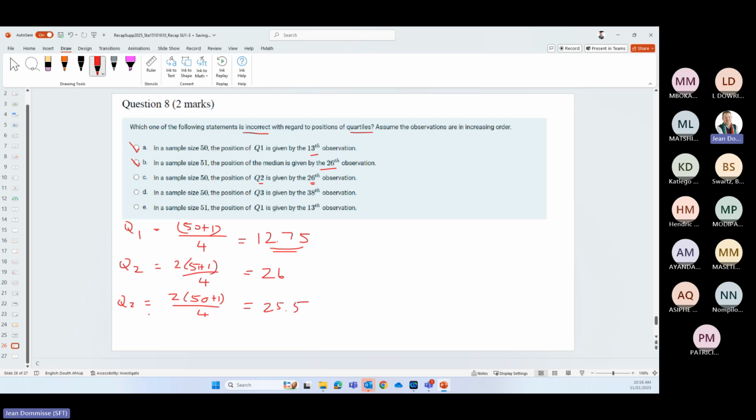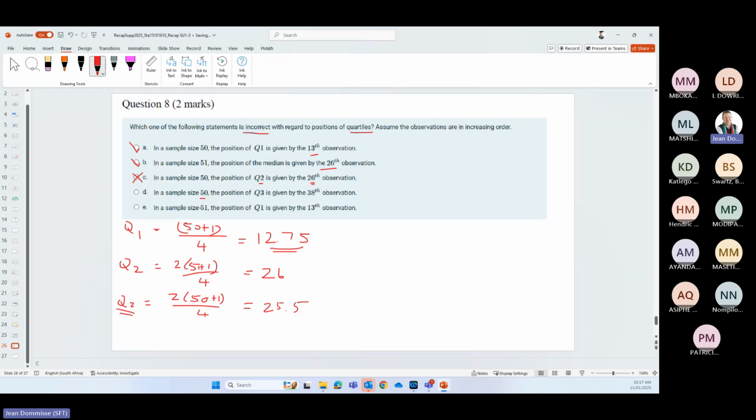And remember, Q2 is the one we don't round off, so that should actually be 25.5 and not 26. And so that's the incorrect one, but let's just make 100% sure about the others.